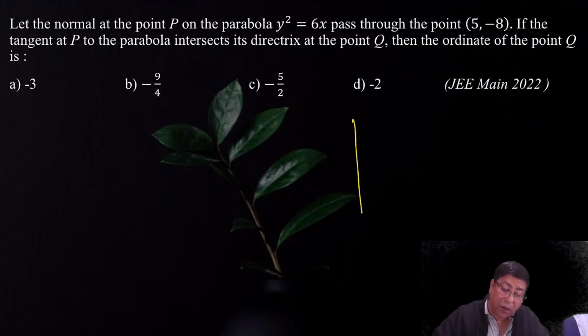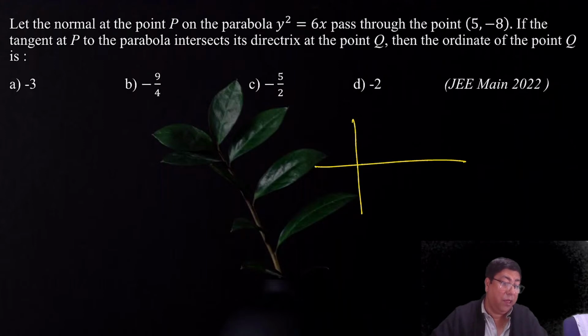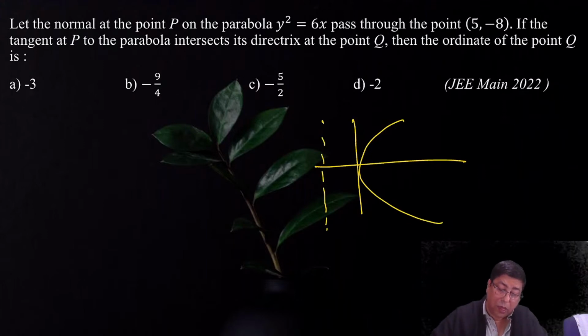Normal at the point P of the parabola y square equal to 6x passes through the point 5 comma minus 8. Draw the diagram here.